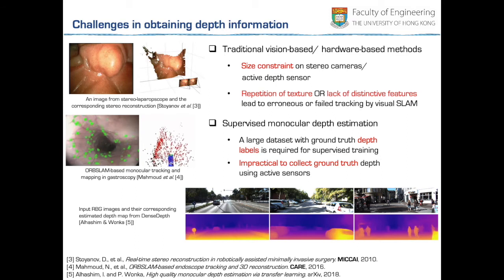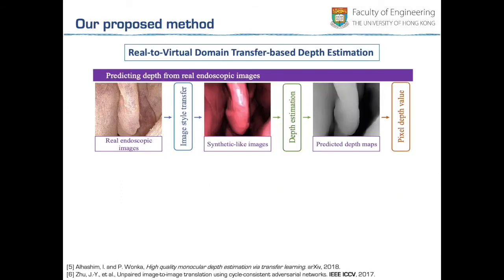Though, we need to note the fact that a large dataset with ground truth depth labels is required for supervised learning, and it is usually impractical to collect ground truth depth using active sensors at the real target anatomy.